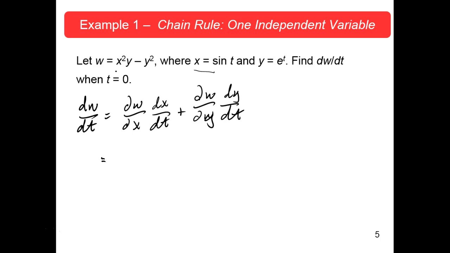What's the partial of W with respect to X? 2xy. Okay, no. Partial with respect to X, that's a constant, and the derivative of a constant is 0. Okay, times dx dt, and what would that be?